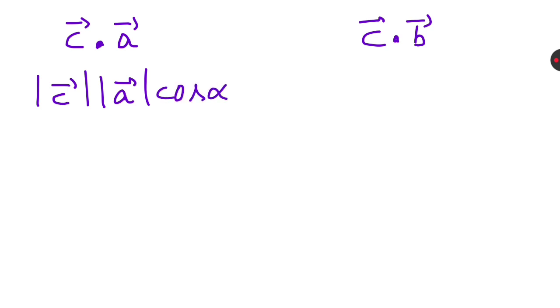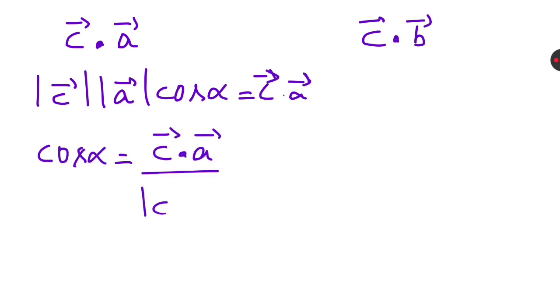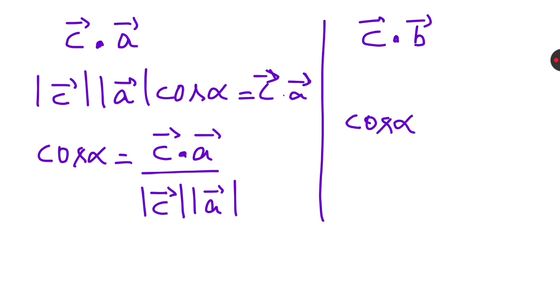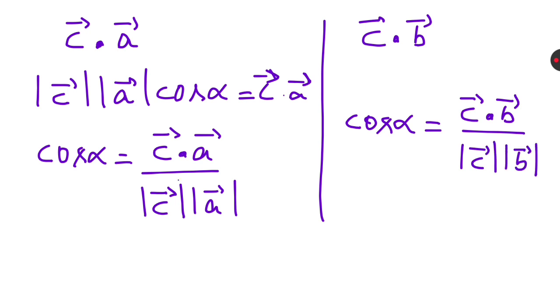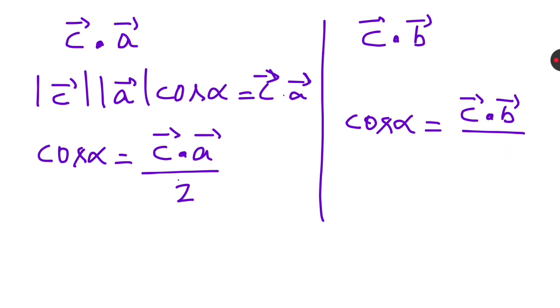So cos alpha equals C dot A over magnitude of C times magnitude of A. Similarly for B, the angle is the same, so cos alpha equals C dot B over magnitude of C times magnitude of B. The magnitude of C is 2 and the magnitude of A is 1, so 2 times 1 gives 2. Here also the magnitude of C is 2 and the magnitude of B is 1, so we get 2.